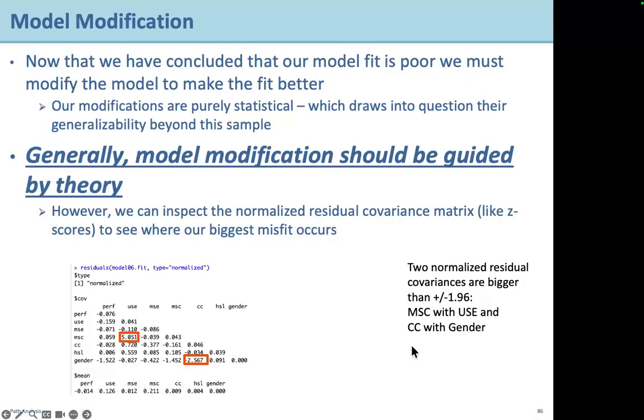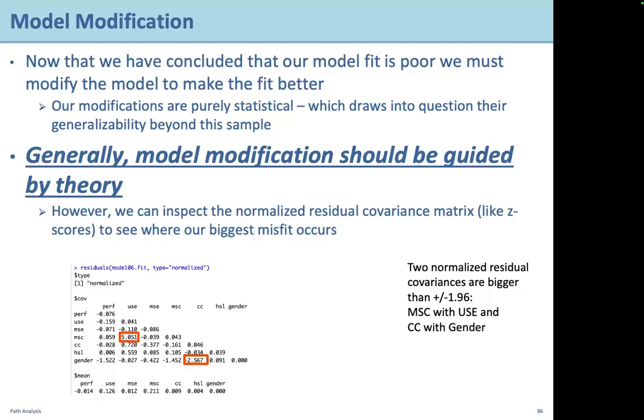All right, so we saw that we went to the modification indices. Sorry, before we did modification indices, we looked at the residuals of the covariance matrix, right? Now, this is different than your residual in linear regression, the e at the end of the line, right?